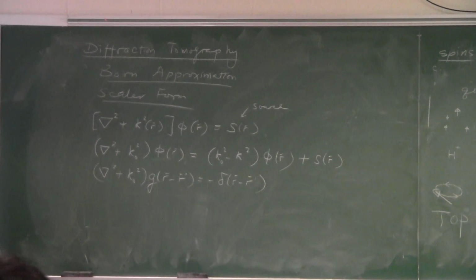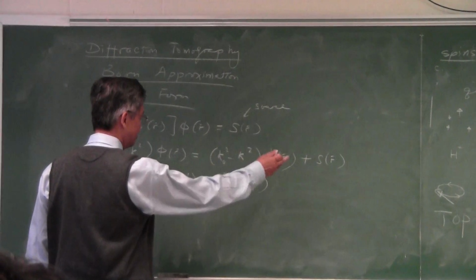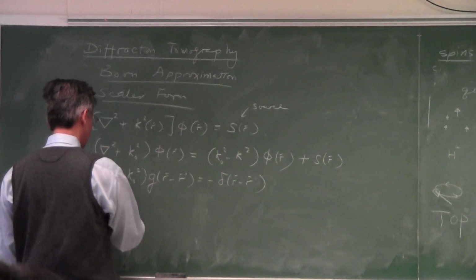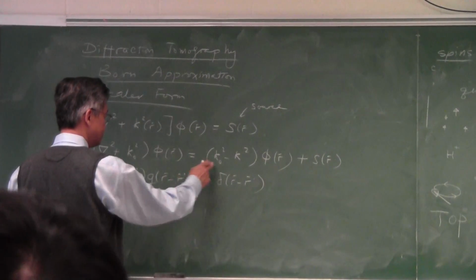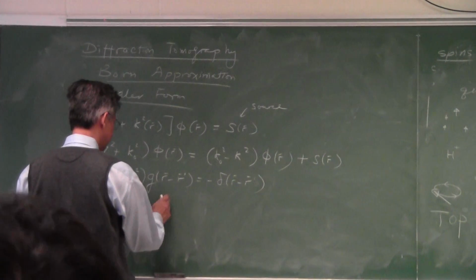You can immediately write down the solution to the second equation by the principle of linear superposition. You treat everything as a source term. Then you can write down phi of r as the convolution of this Green's function with this source.